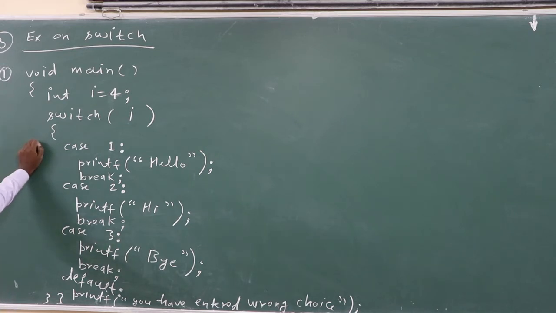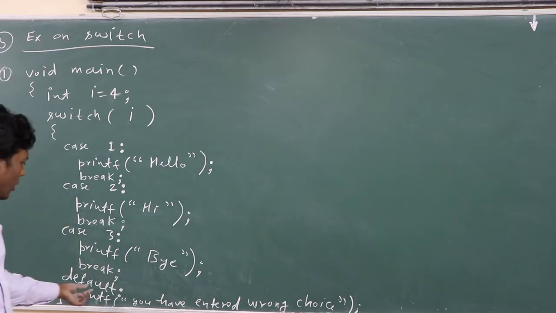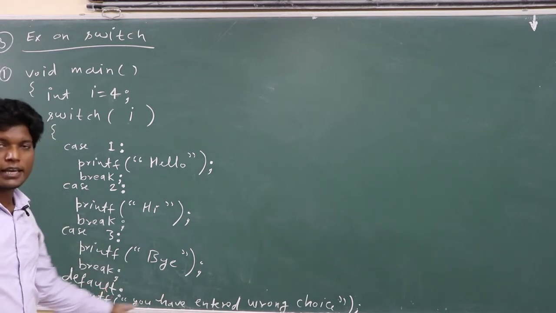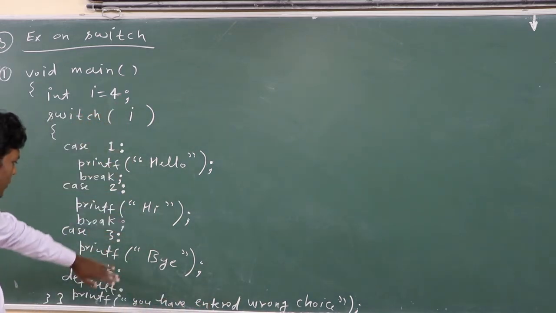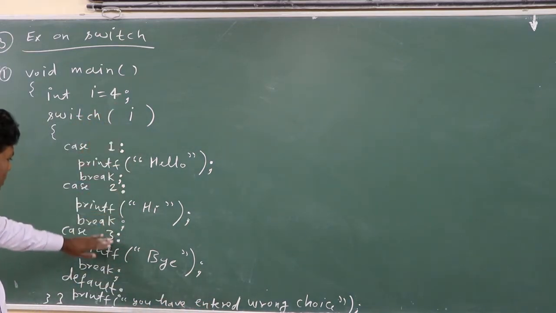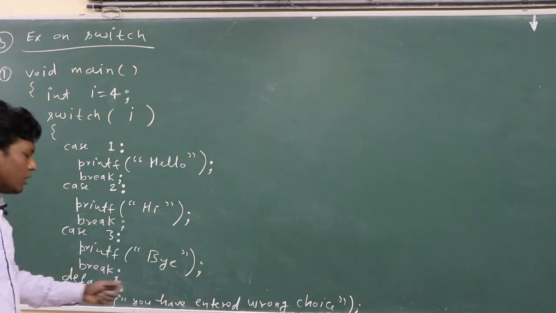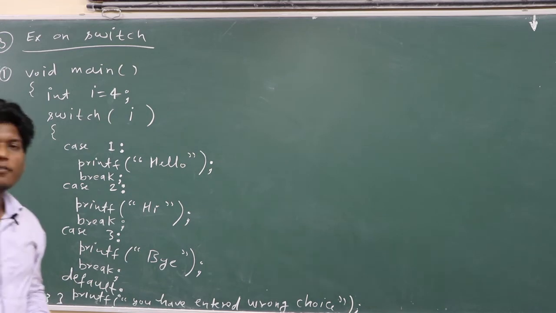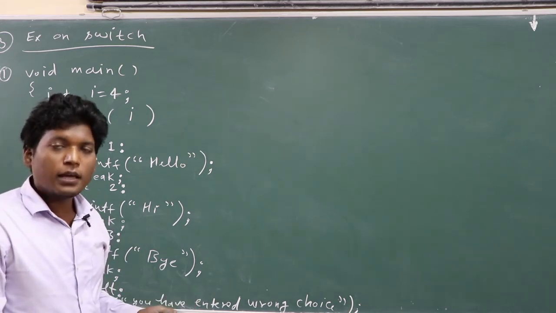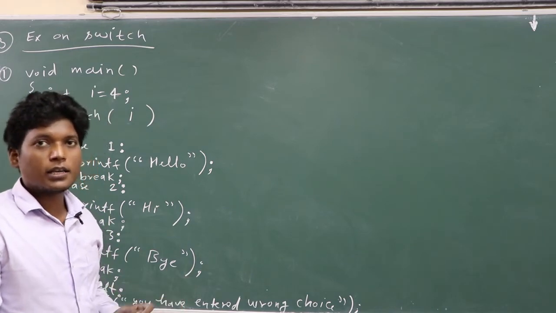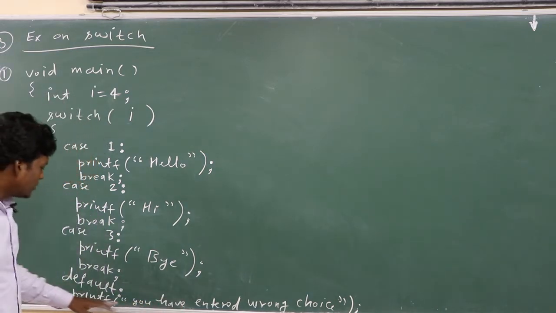When any case of the switch does not match, then in that scenario the default case will execute. So I have value 4. In this scenario, case 1, case 2, case 3 do not match. In this scenario, default will match. When none of the cases of the switch statement is true, in that scenario the default case will execute.